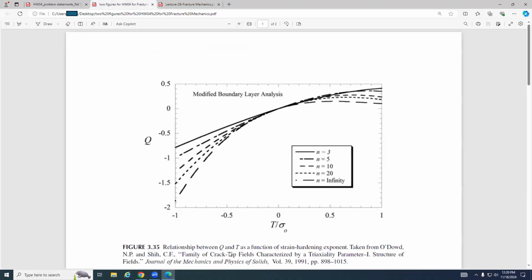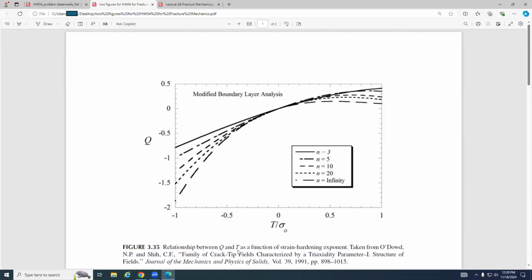The Q and T: this T is stress, which you apply. Based on this problem statement, we know this is a wide plate with a through-thickness crack.